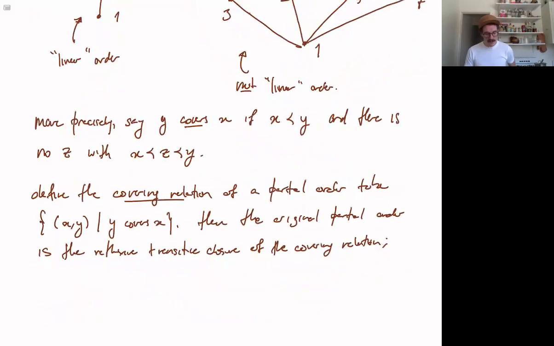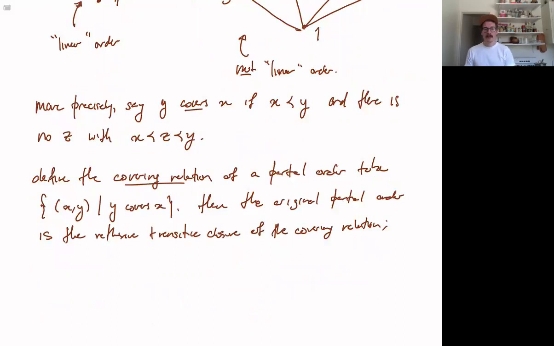And the significance of this is that it's telling us essentially that we can recover the whole partial order from the Hasse diagram.